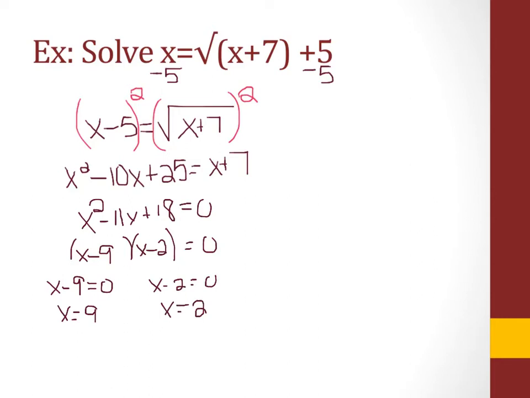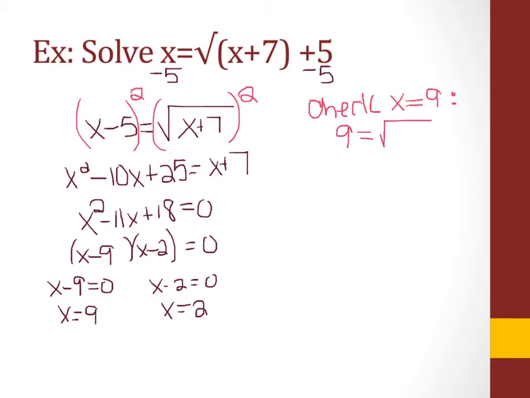Now this is where our extraneous solutions vocabulary word comes into play. We want to test that. So we want to check when x equals 9 if it's true. Checking x equals 9, plugging into our equation up above, we have 9 equals the square root of 9 plus 7 plus 5.